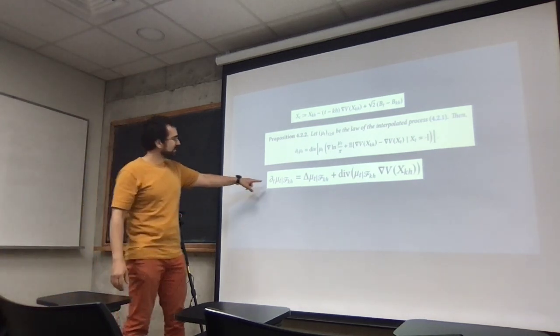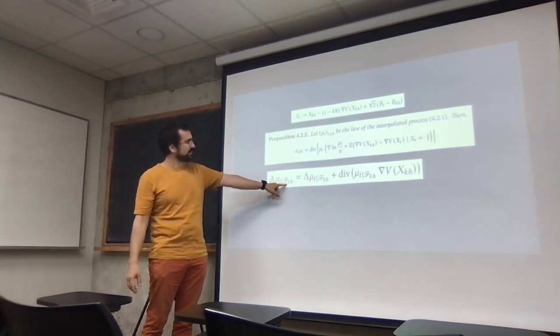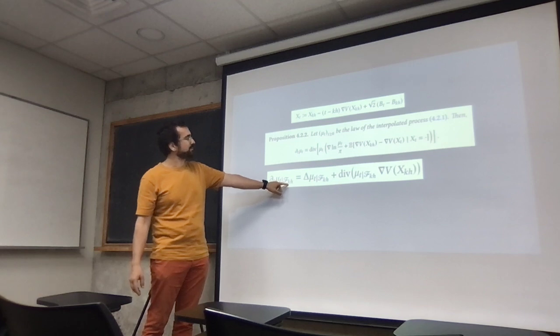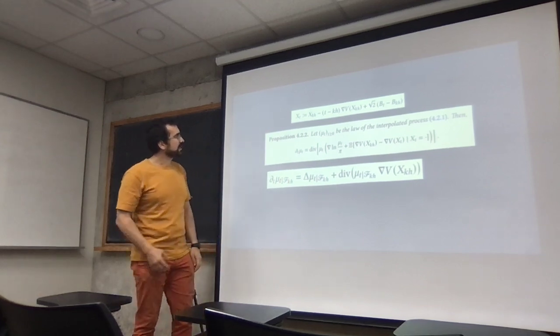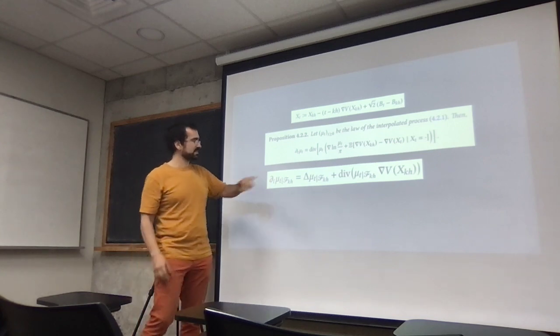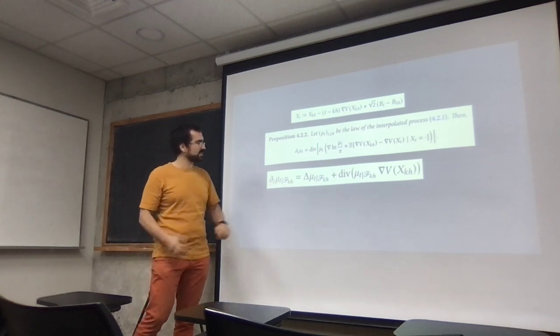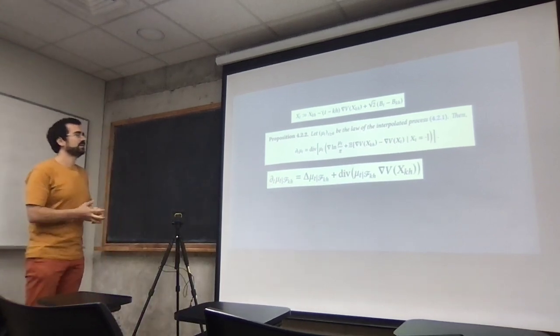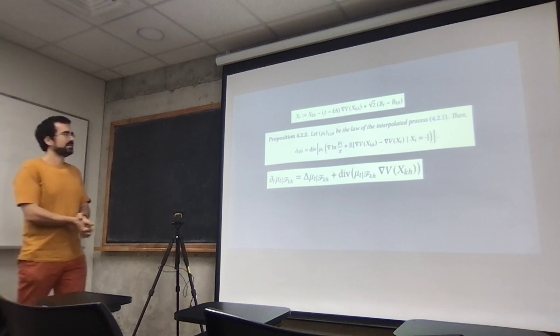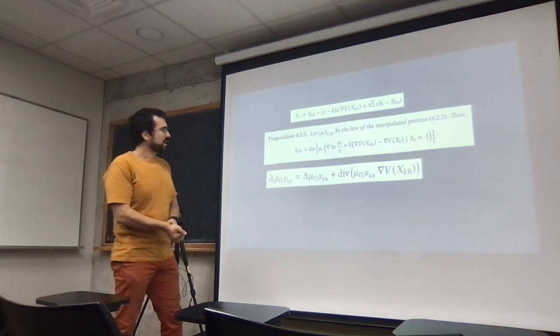Basically, what we start with, you have the filtration corresponding to this X_kh. So this is like a sigma algebra, and then you do the conditional mu_t restricted to this, which is the conditional probability law.